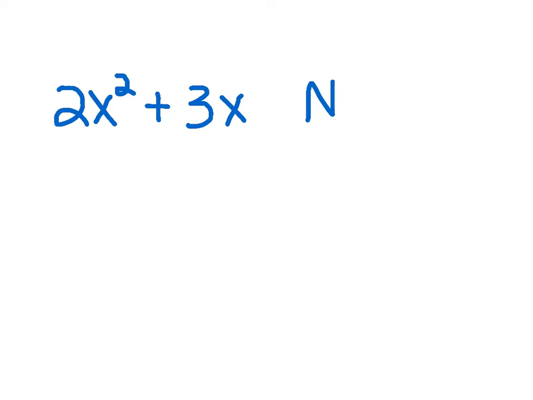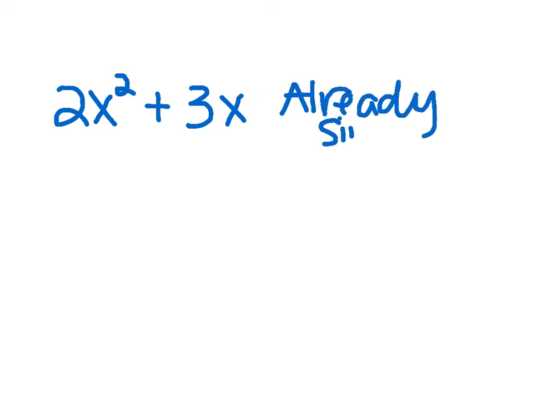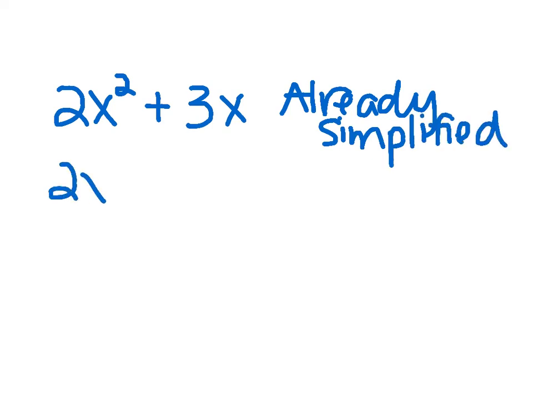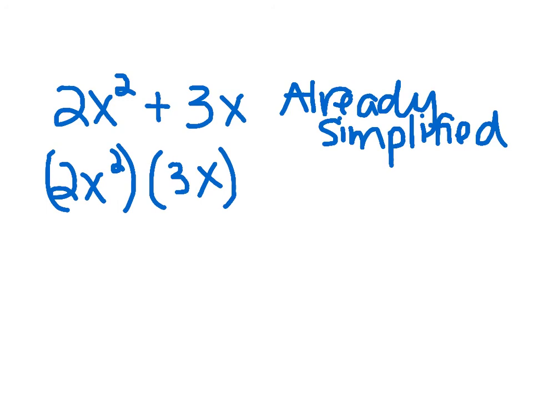This is already simplified. But if I'm asked to multiply those same terms, I can, now I don't need like terms, so I multiply the coefficients and I add the exponents.